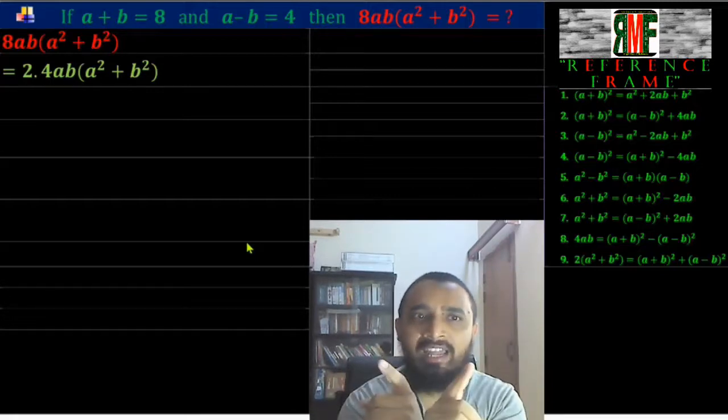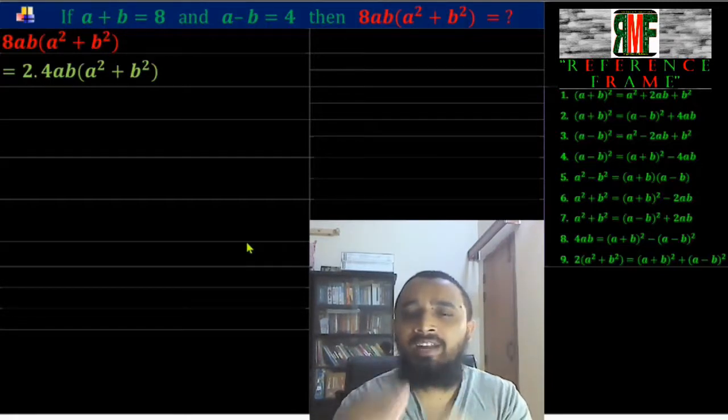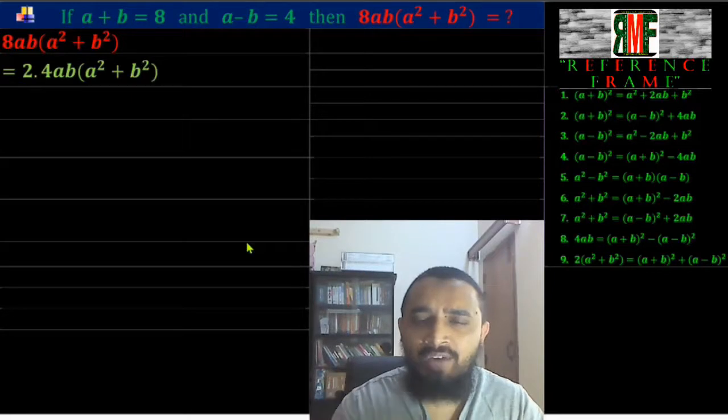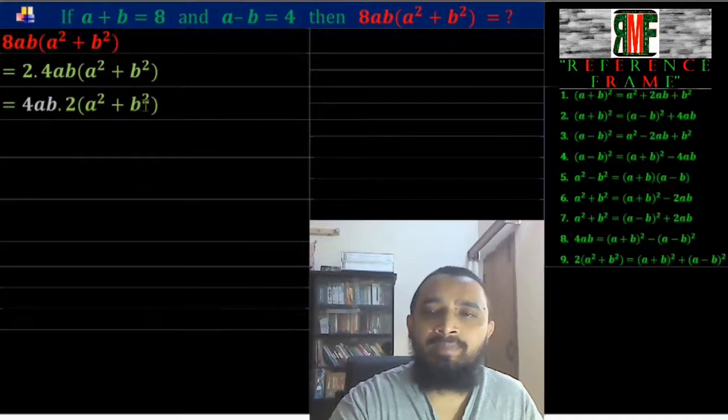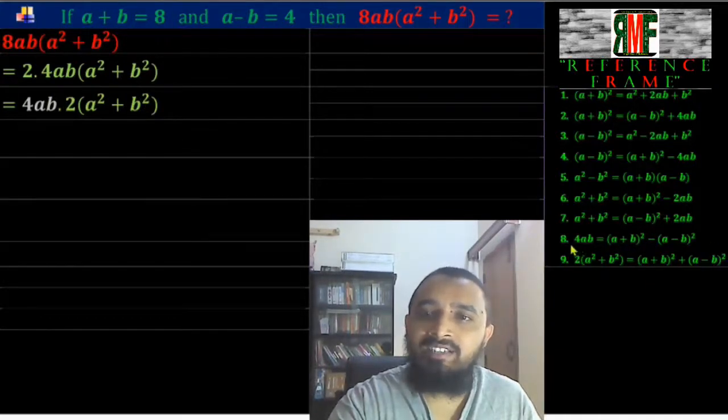So if we shuffle them, we get 4ab into 2 into a square plus b square. Instead of 4ab, we can apply the formula marked as 8, and instead of 2 into a square plus b square, we can apply the corollary marked as number 9.